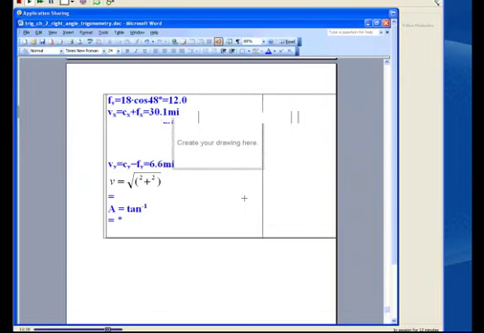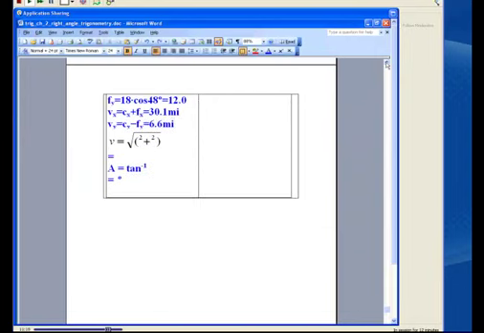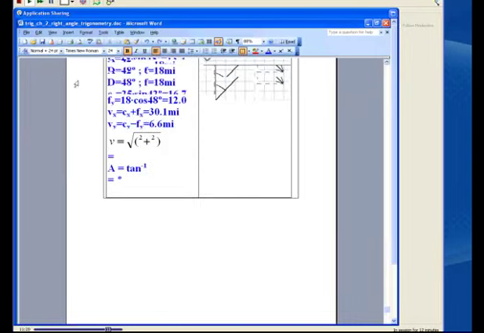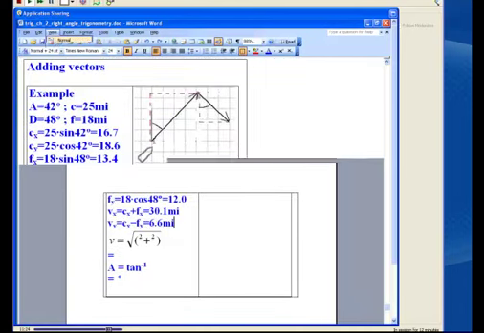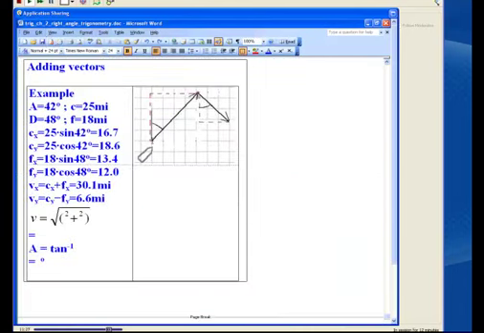Unfortunately, Word doesn't allow me to draw something in here very conveniently. So here's the total vector, and we figure it out by the Pythagorean theorem, as we're supposed to do when we have components given and want to find the vector length.